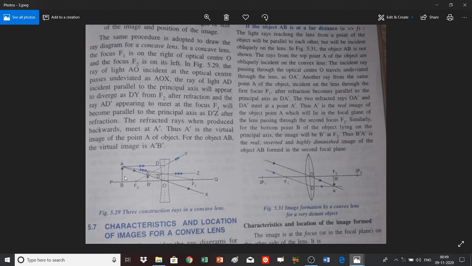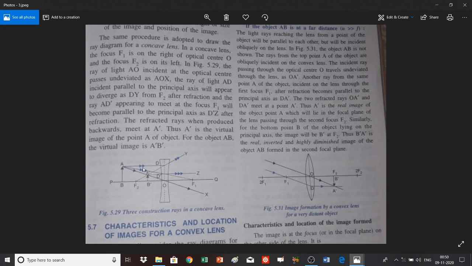Now another ray. If this lens were not here, this ray would fall on the first principal focus F1. A ray which is converging towards the principal focus F1, when it falls on the concave lens, then after refraction it will pass in a direction parallel to the principal axis.